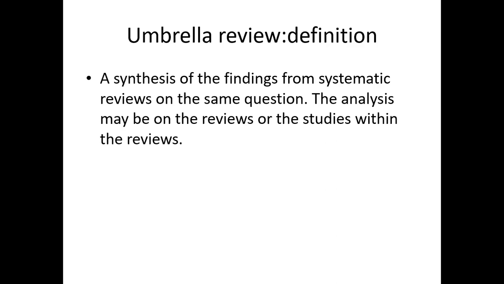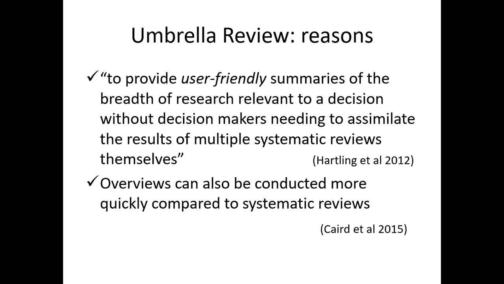So you are going to collect the systematic reviews and make a summary, a synthesis. The analysis may be on the reviews or the studies within the reviews. You can analyze the reviews themselves, or you can go to the studies that were used to produce those reviews and analyze them. Let's continue.